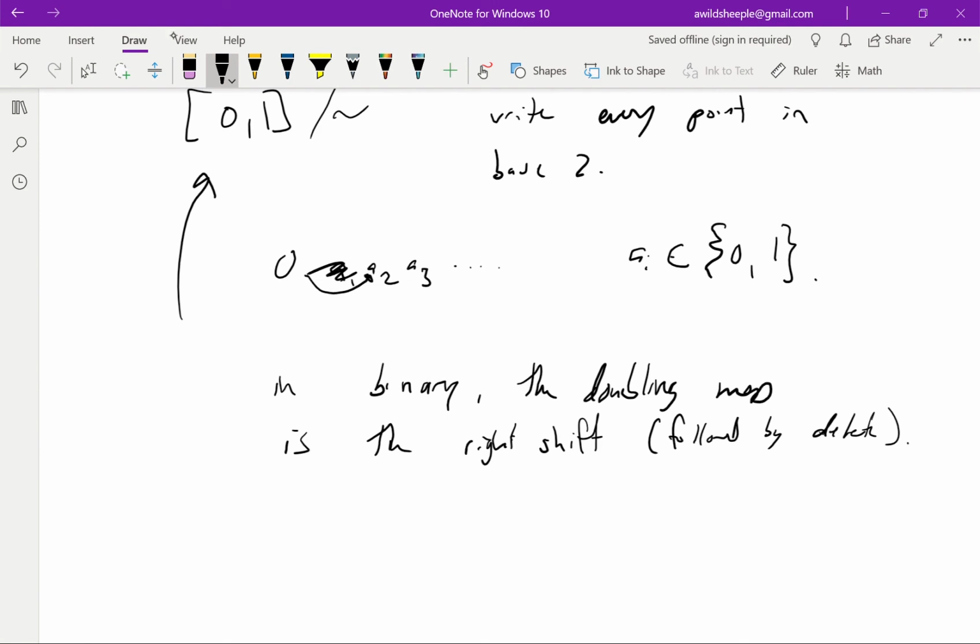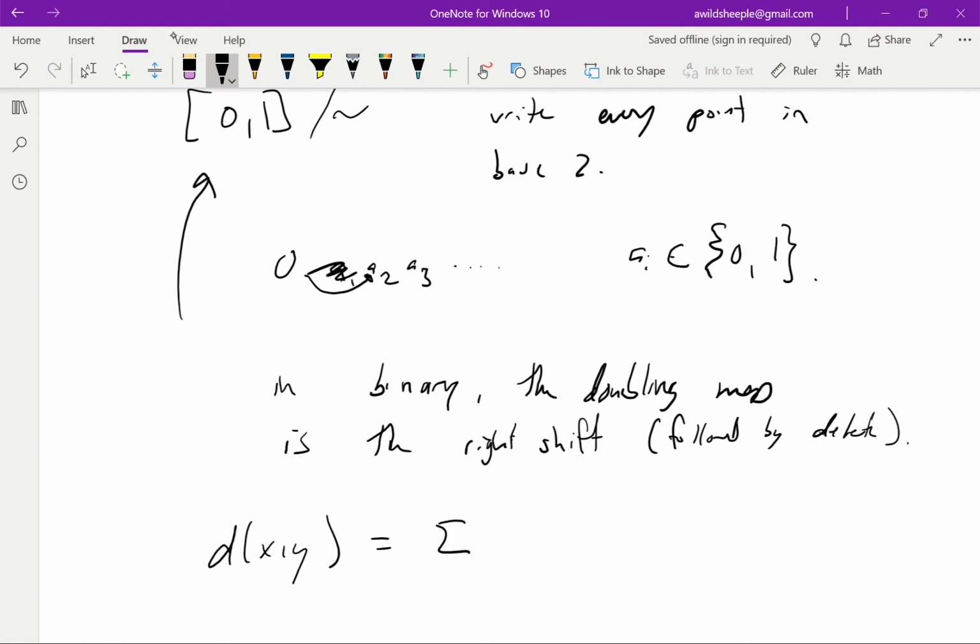What we do is we observe that if we're expressing two points in this interval in binary, their distance can be computed by looking at the places in which they disagree in binary.